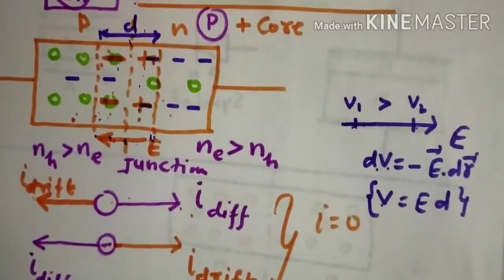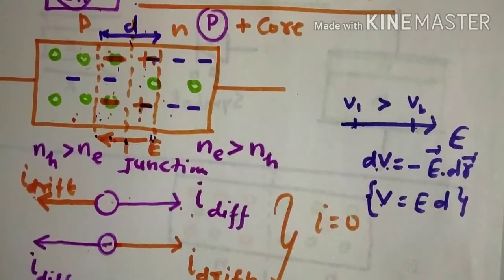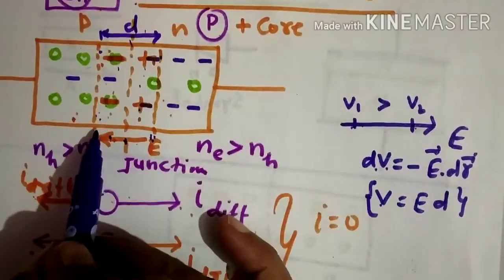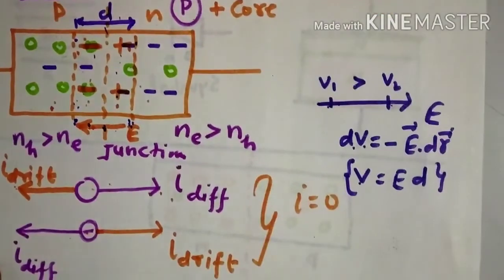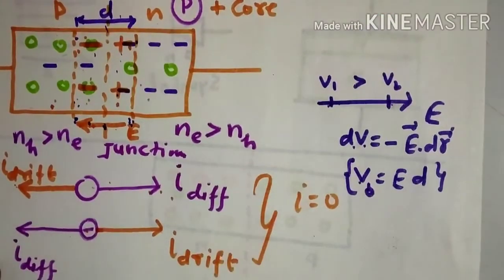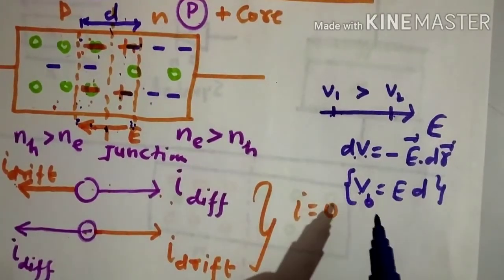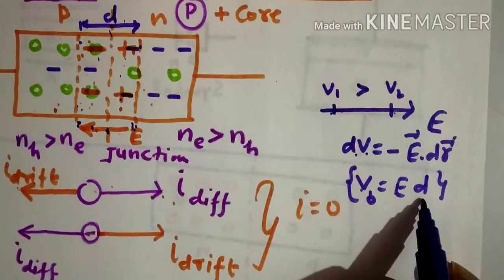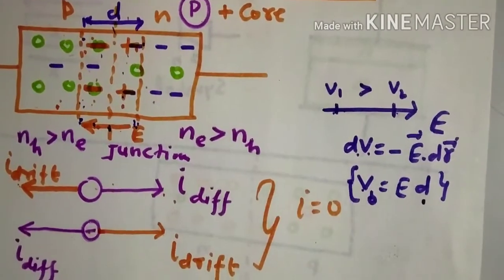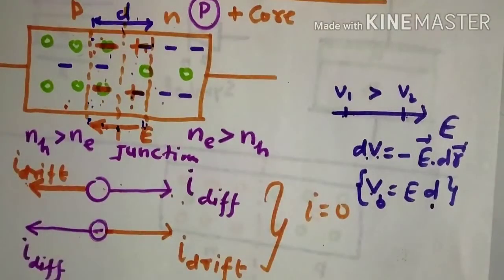And what is the role of the depletion layer? The depletion layer has stopped the drift and the diffusion of current carriers. Because of that, this potential difference across the depletion layer is known as barrier potential, or we call it barrier height as well. When the width of the depletion layer increases due to some circumstances, the barrier potential will increase.